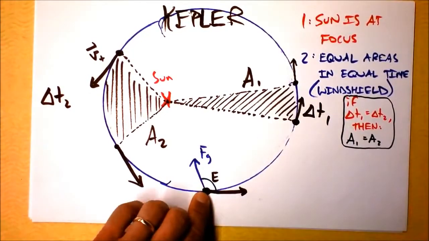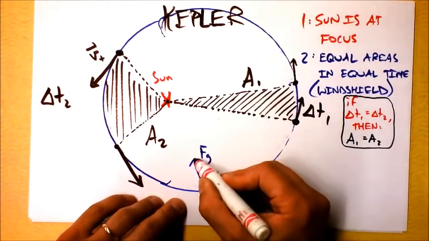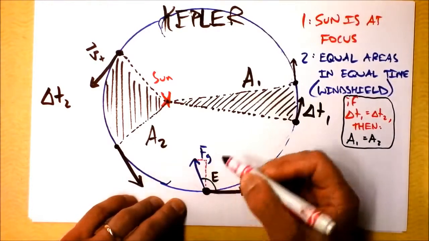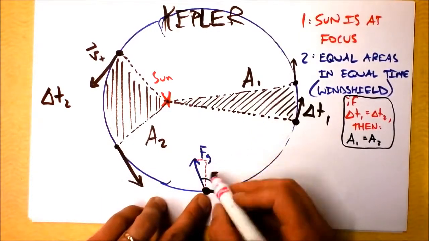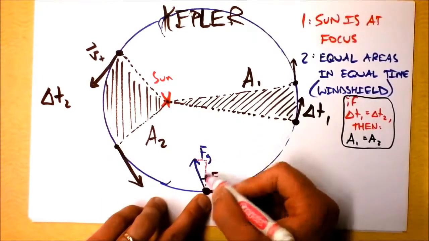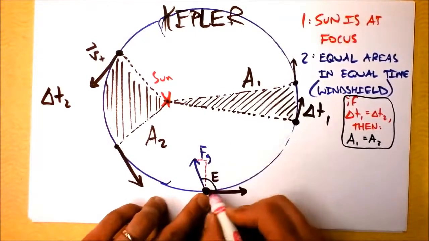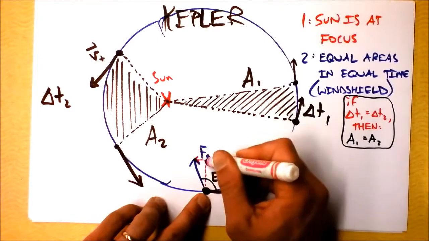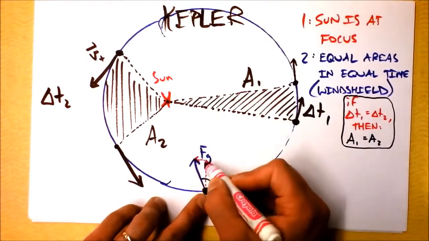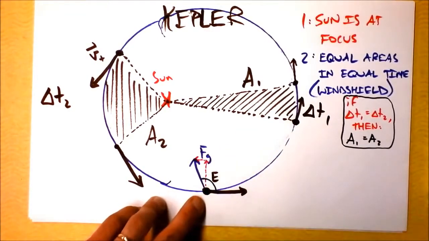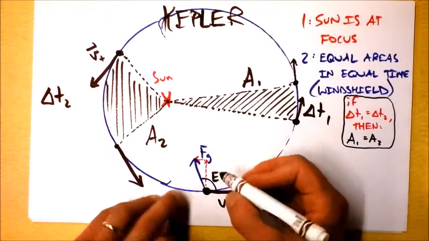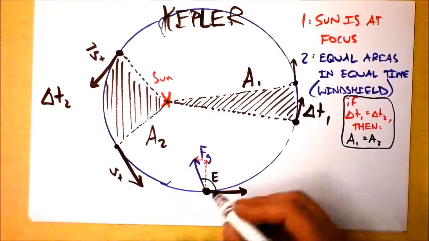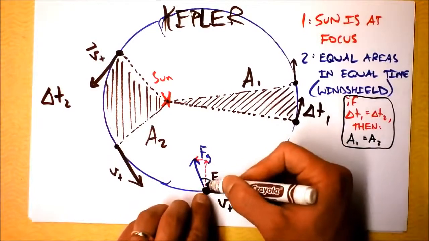If we were to resolve this force of gravity into two components, this component directly upward is the centripetal force that's maintaining this turn, and the backwards component of the force of gravity is causing this velocity to decrease. The tangential speed is decreasing because there's some force going back on it.